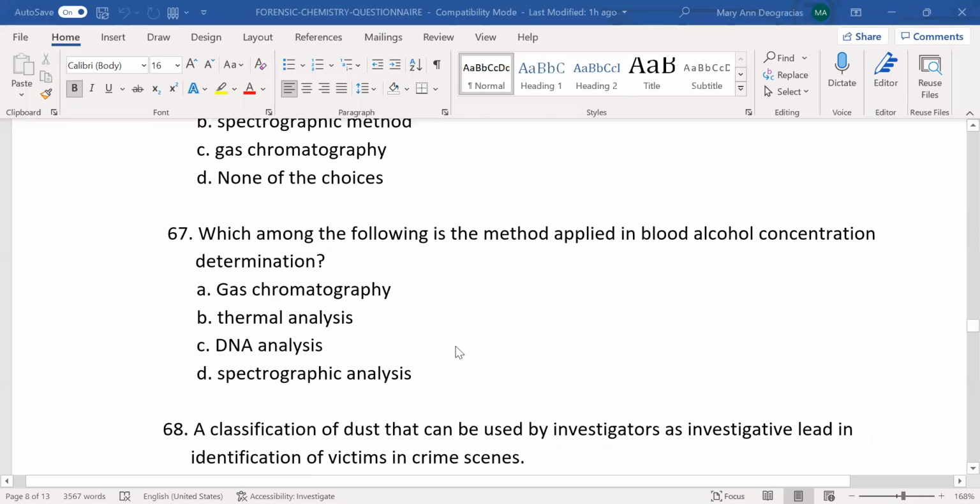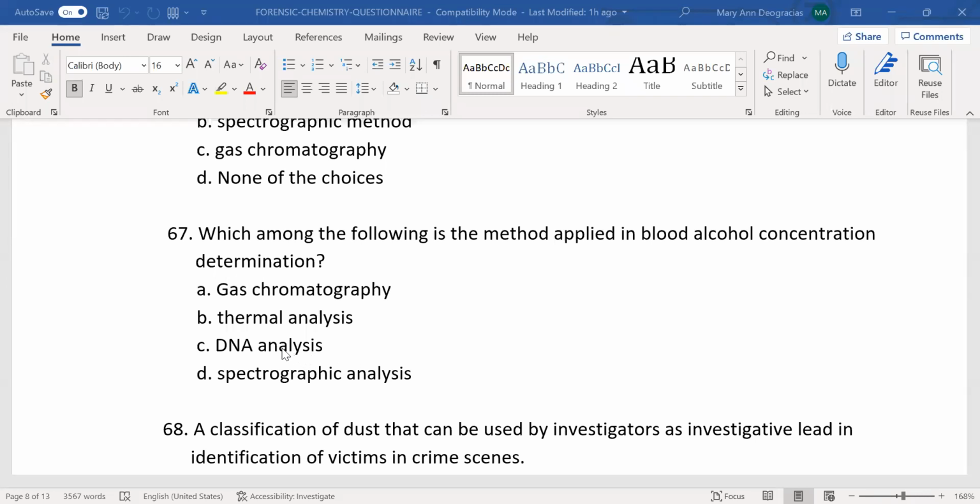Which among the following is the method applied in blood alcohol concentration determination? A, gas chromatography, B, thermal analysis, C, DNA analysis, D, we have spectrographic analysis. Okay, the answer, guys, is letter A. Thermal analysis is for soil. Okay, DNA, alam niyo naman yan, hindi pwede yan sa blood alcohol concentration determination.